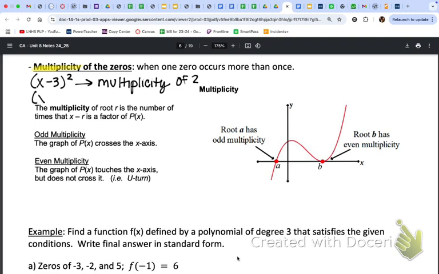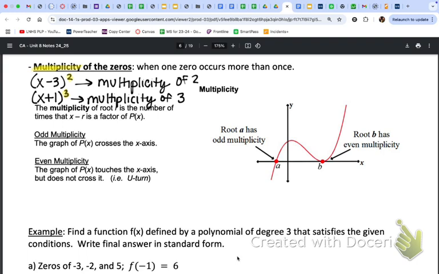Something like x plus 1 to the third has a multiplicity of what? Three. So where am I getting that from? Just the exponent, yeah. Because we're saying there's multiple of those factors.